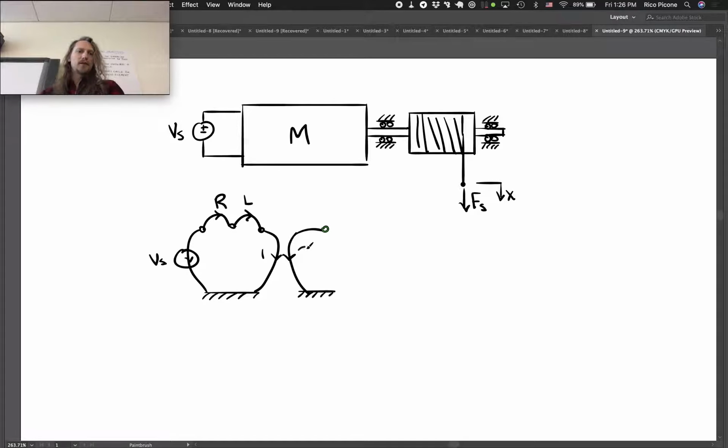And this side 2. And this is a transformer because it's a motor, right? And we'll call the motor constant, the transformer ratio for it, the motor constant Km. Now for the rotational side of this, the rotor of the motor has some moment of inertia.